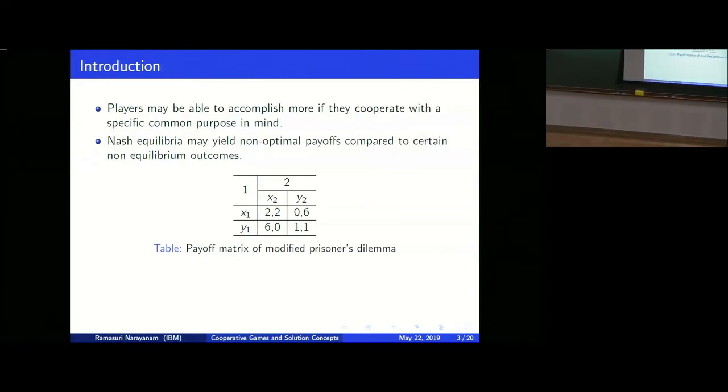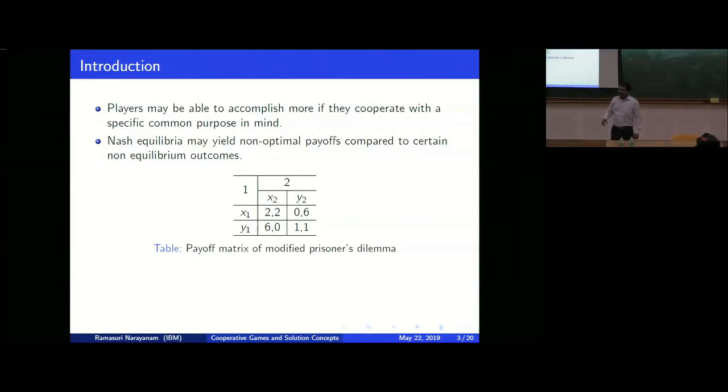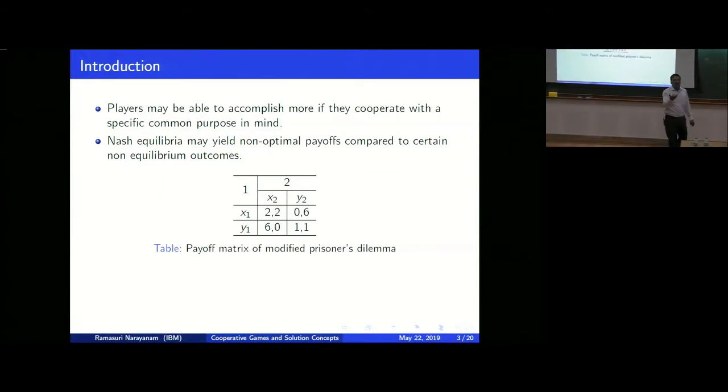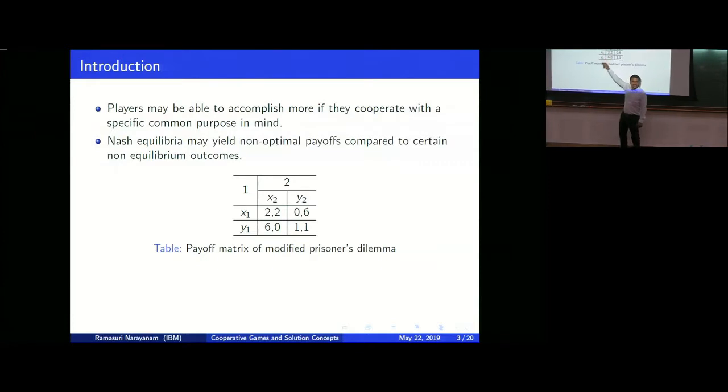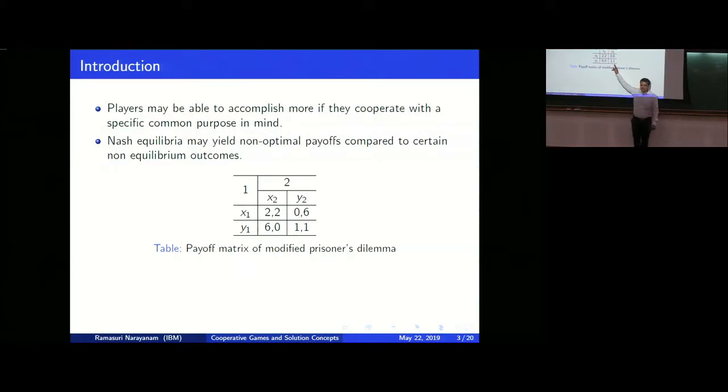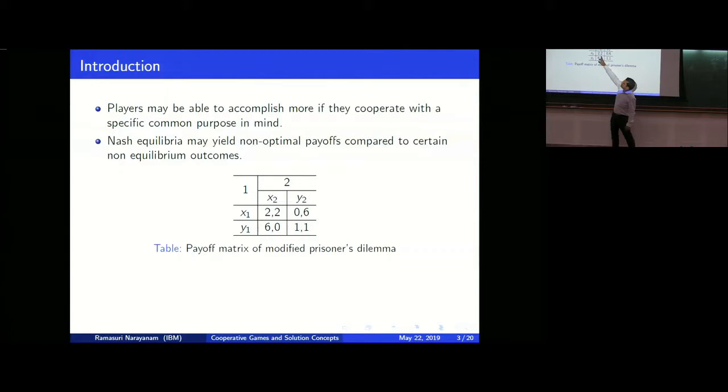Then later, they did another experiment wherein players are given the same payoff matrix, but they are asked to play multiple times. Then sometimes players started playing this strategy. So in one shot, for sure, they played only this. But if players are asked to play this game repeatedly, 10 times, 100 times, 1,000 times, in between, they ended up playing this strategy profile also.